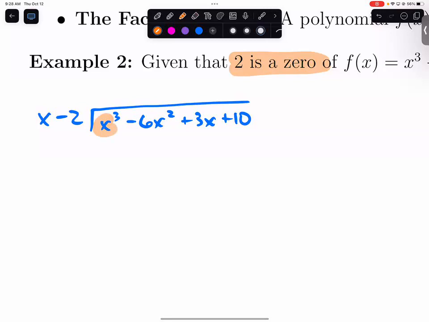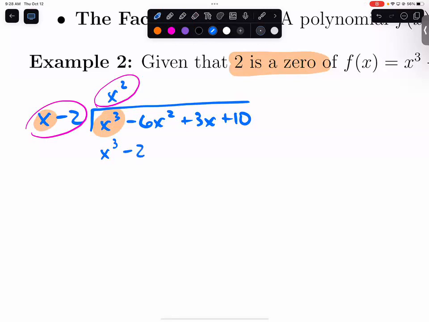Okay, so I'm just going to work through this, along with x into x cubed. And multiply. And subtract. x cubed minus x cubed is 0.